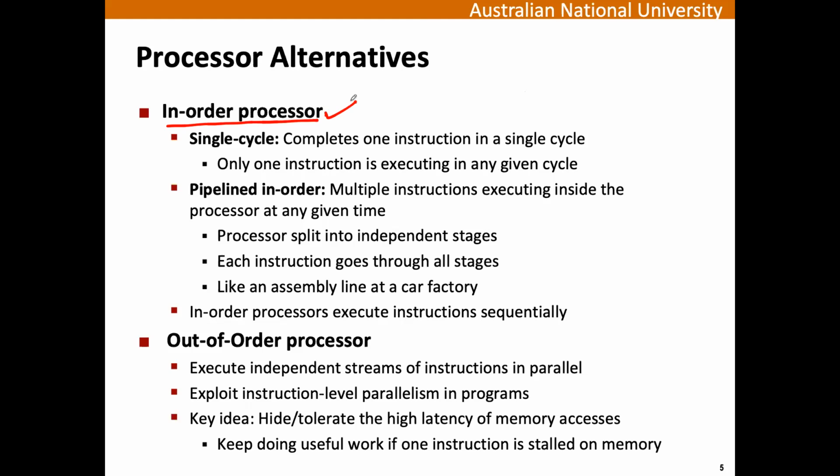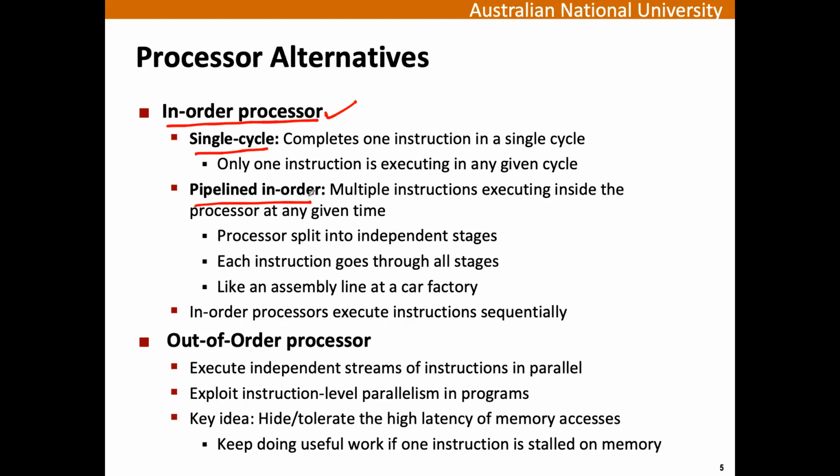You can have a single cycle in-order processor or a pipelined in-order processor. In a single cycle processor, one instruction takes one clock cycle. Only one instruction is executing at any given time.